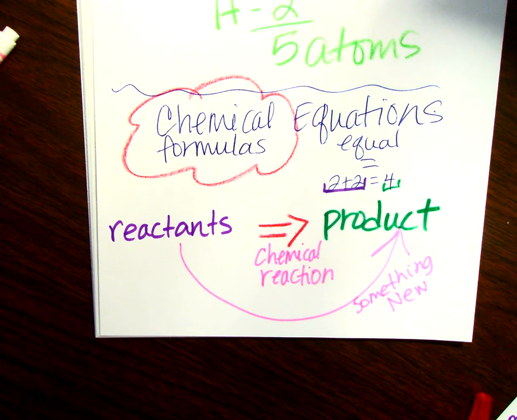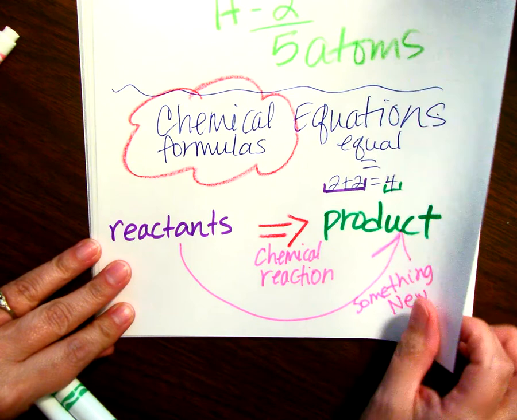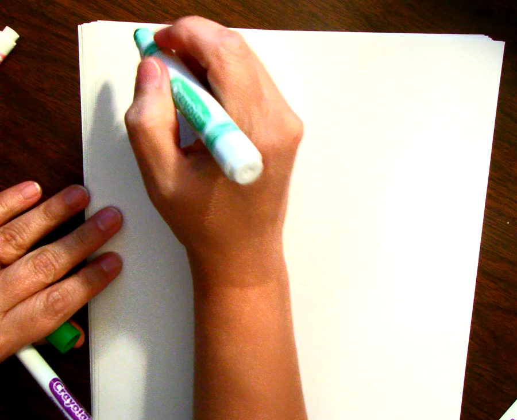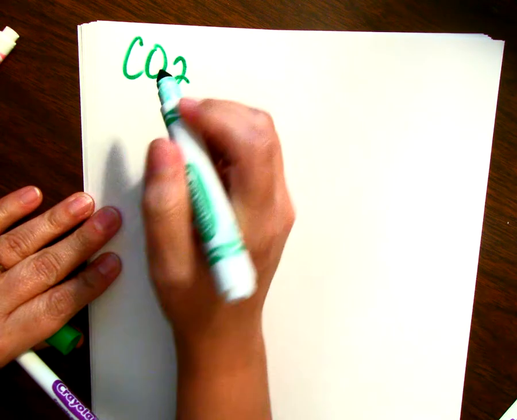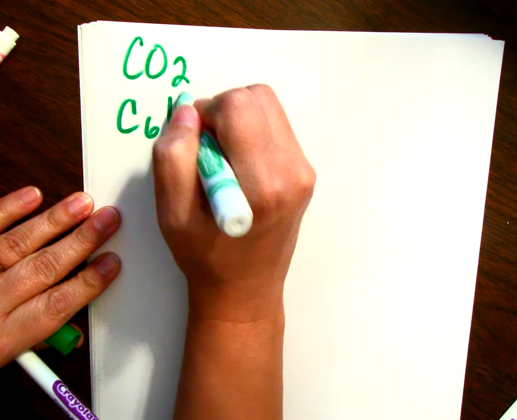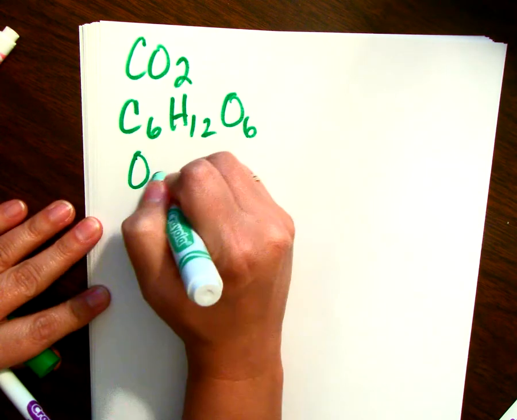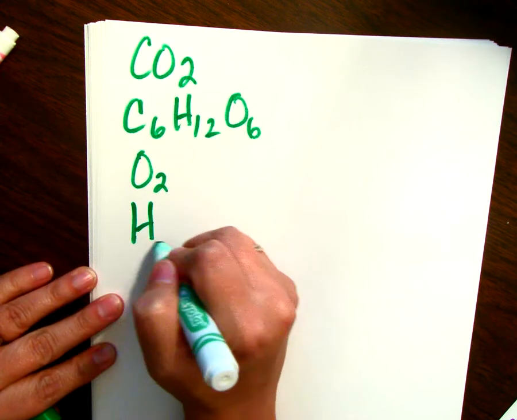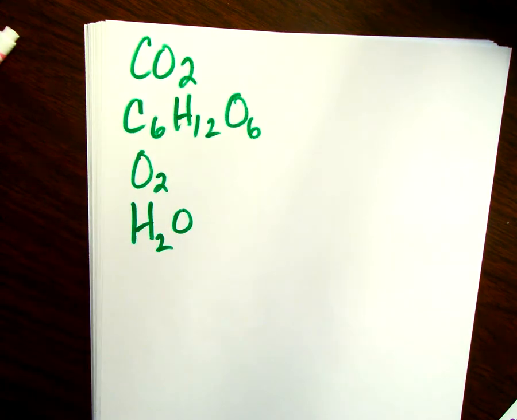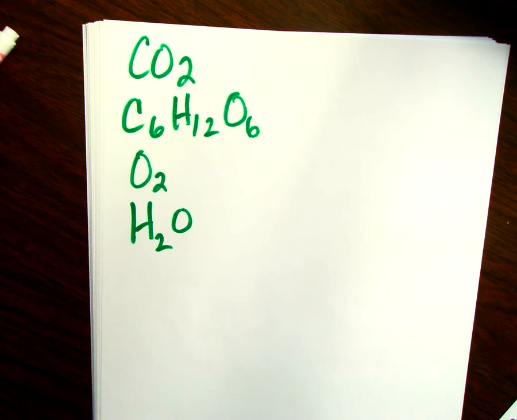Okay, so before we get into an equation, I want to remind you of some molecules and their formulas, because we're going to be using them. You might remember these from last year. Hopefully.